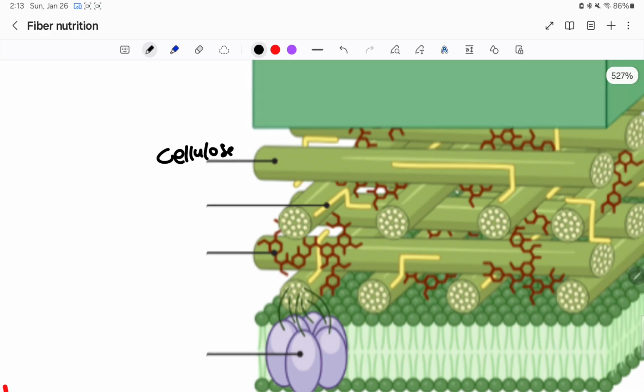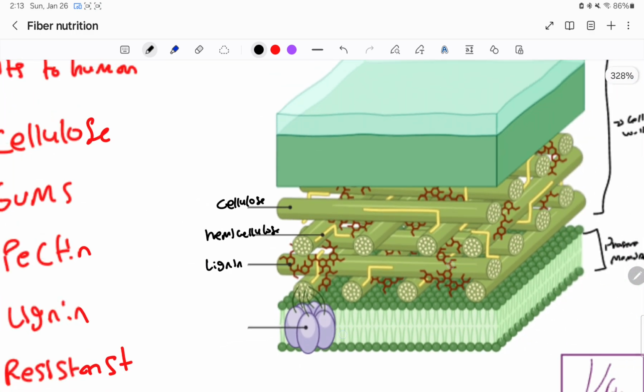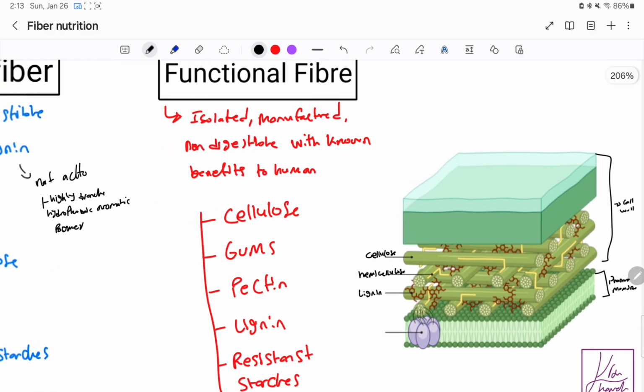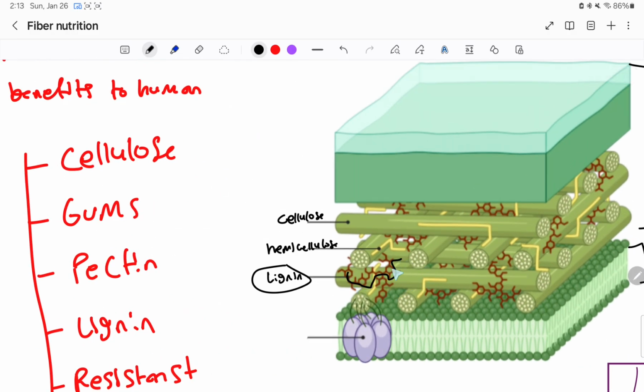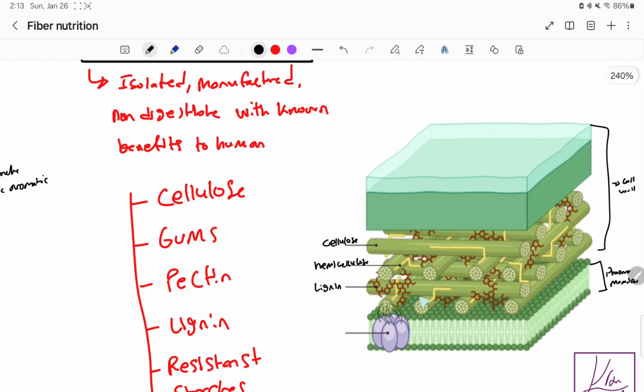This yellow bit is going to be hemicellulose, and this little brownish bit is lignin, and there is pectin inside of here as well. It's just not shown. Either way, you can see how lignin is like this highly branched thing that is filling in spaces in between the cellulose, the hemicellulose, and all these different things. So this is just to kind of introduce you to what these things look like.